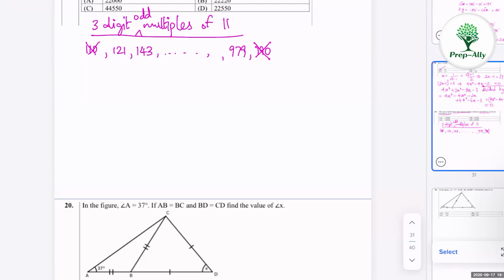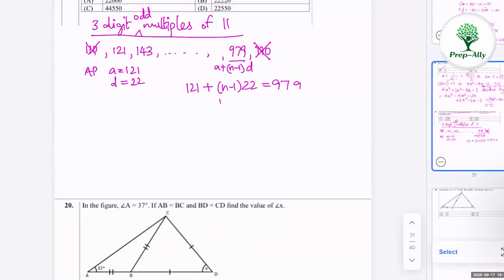So this is an AP with first term equal to 121, common difference 22, and now this is the last term, which is a plus n minus 1 times d, right? So if we put all these values and try to find n, we have 121 plus n minus 1 into 22 equals 979.